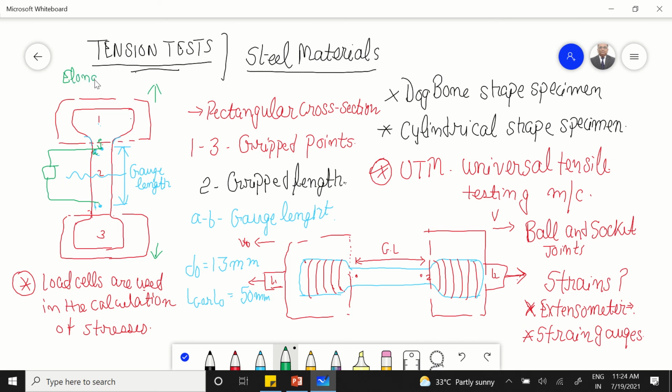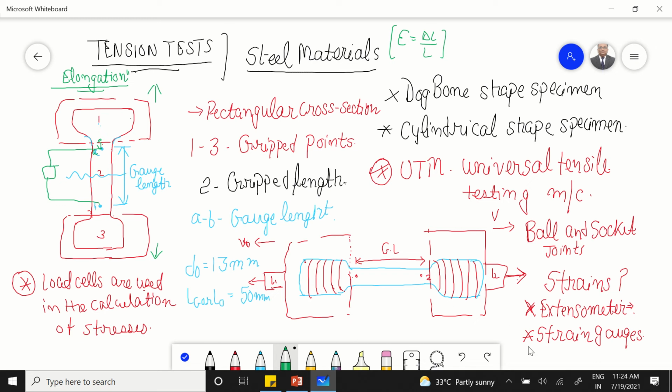So extensometers are used to measure the elongation of the specimens in the tensile test. After you calculate this elongation, you divide it by the gauge length and you get strain. So strain is nothing but delta L, the change in length, over L. That is how you calculate the strain using the extensometer.